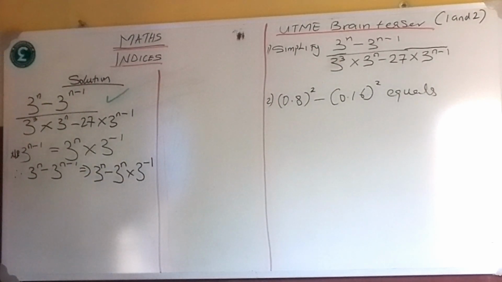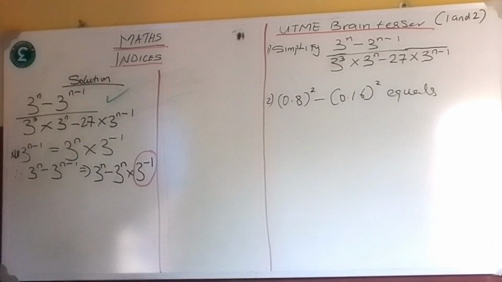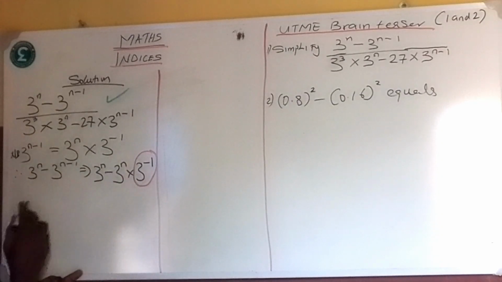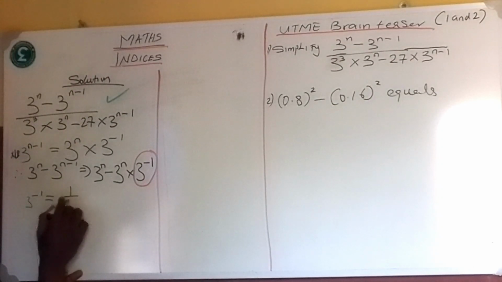Now, notice that I have a negative index here. So I'm going to reduce this negative index, because I know that 3 to the power of minus 1 is the same thing as 1 over 3.